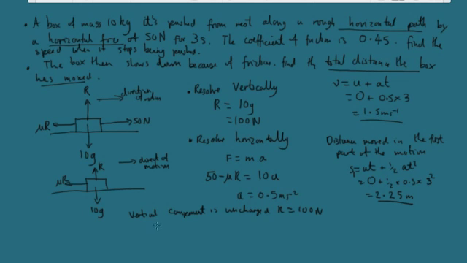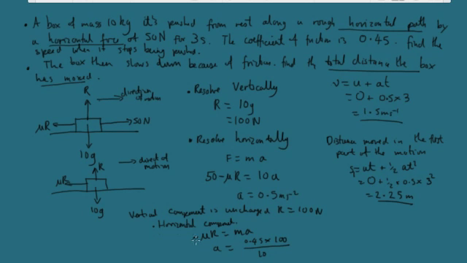Now this time the horizontal, we've got friction must be the same as ma. So a must be 0.45 times 100 over 10.